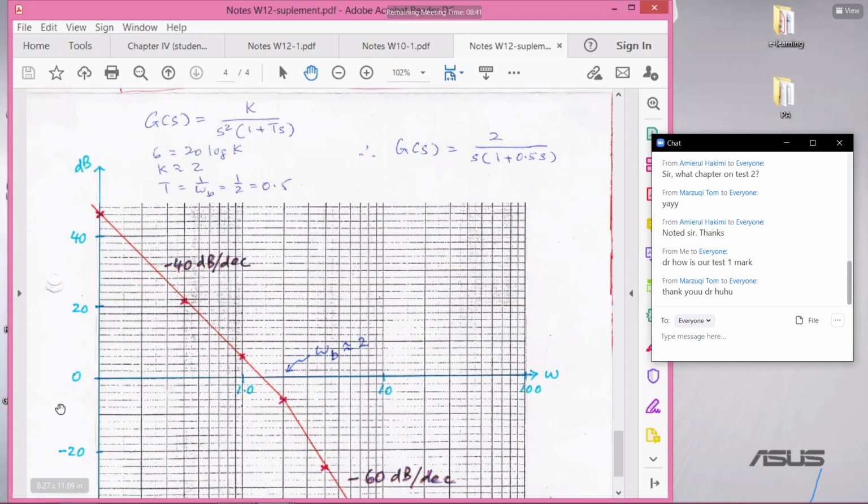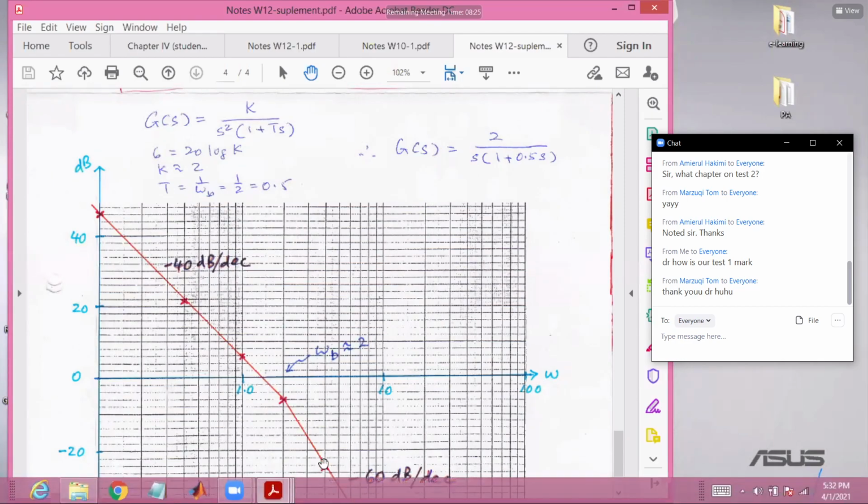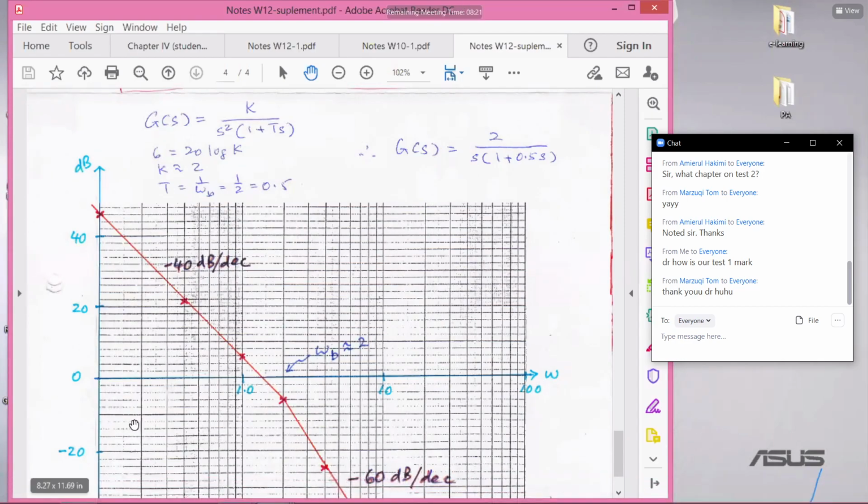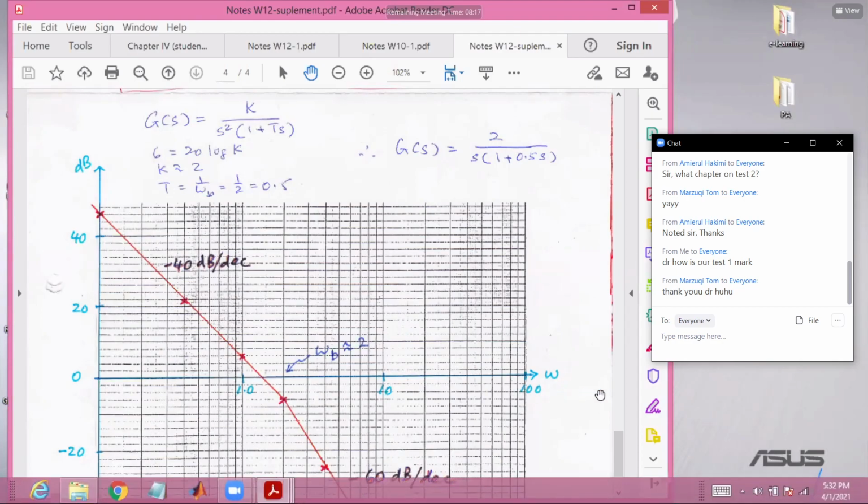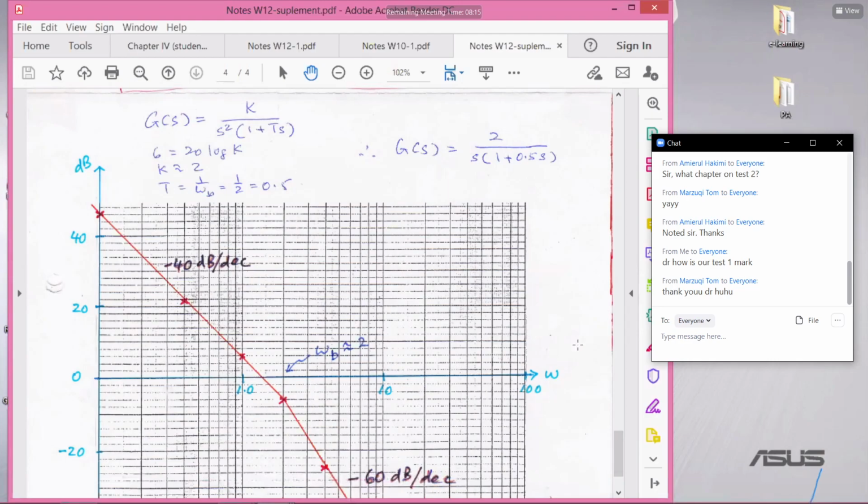So we cannot tell you the mark for your first test because only one lecturer is working on it. I'll be marking the second question of your final exam. That's on me. I'm going to mark every single student, 500 plus of them. So sorry, that's how it is.